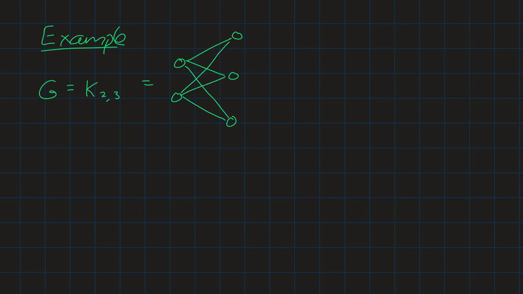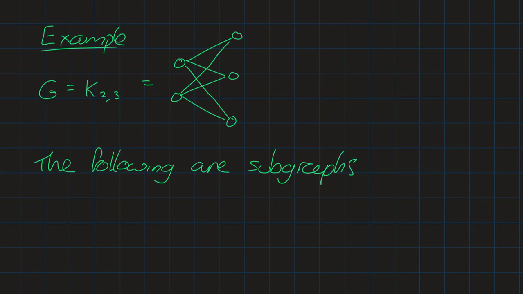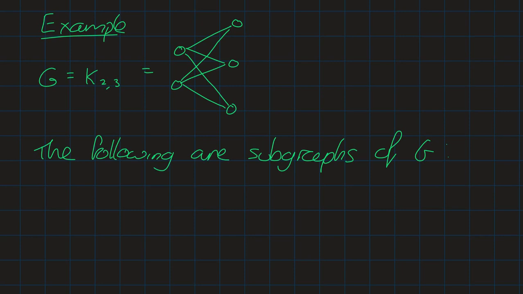So this is G, and I'm going to say the following are subgraphs of G. So I could take the square graph, or if you want to give it a name, remember it's called C4. C4 is a subgraph of K2,3.